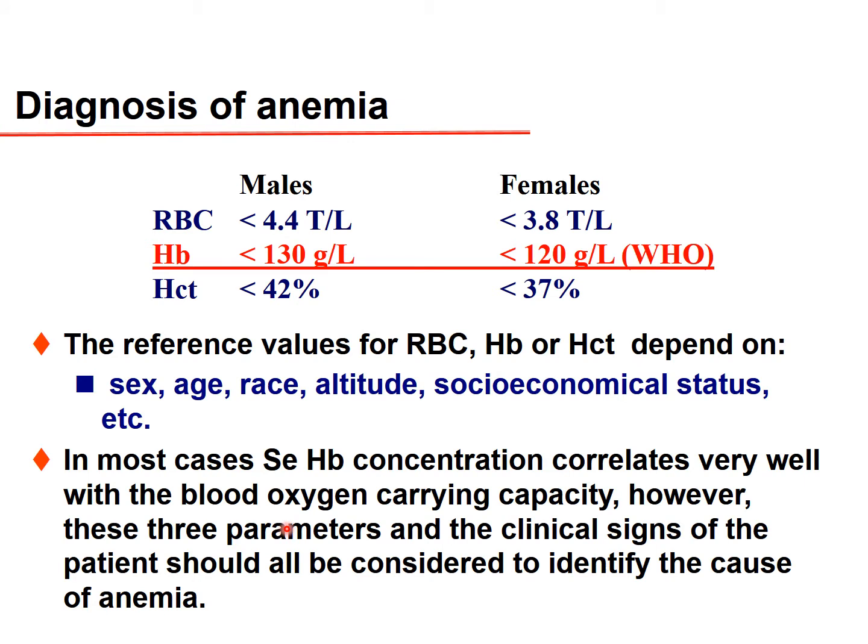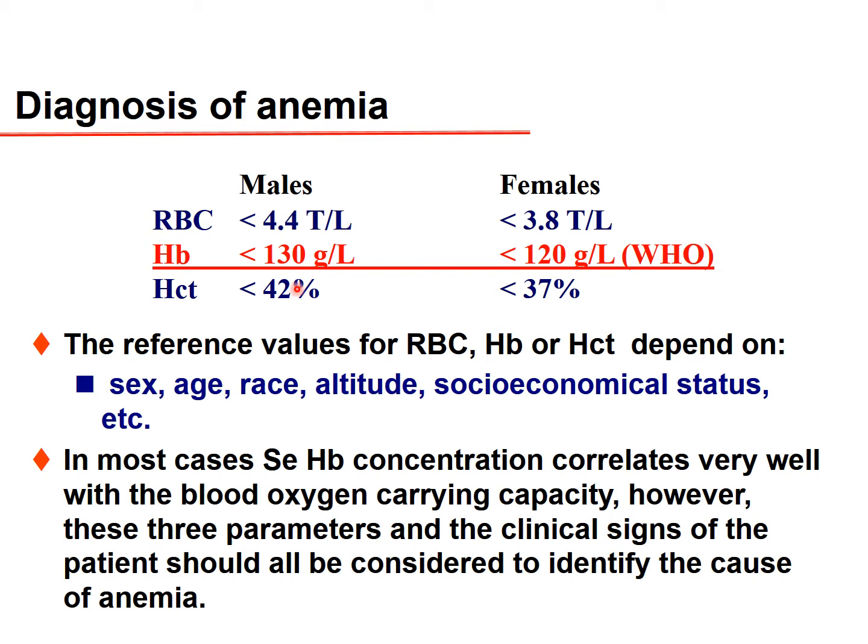Now, let's say something about the normal situation and how we are going to diagnose anemia. The red blood cell count and the hemoglobin depend on the gender. Males usually have a higher number of red blood cells, and as a consequence a higher concentration of hemoglobin and hematocrit. So these are the lower limits of the red blood cell count, hemoglobin or hematocrit.